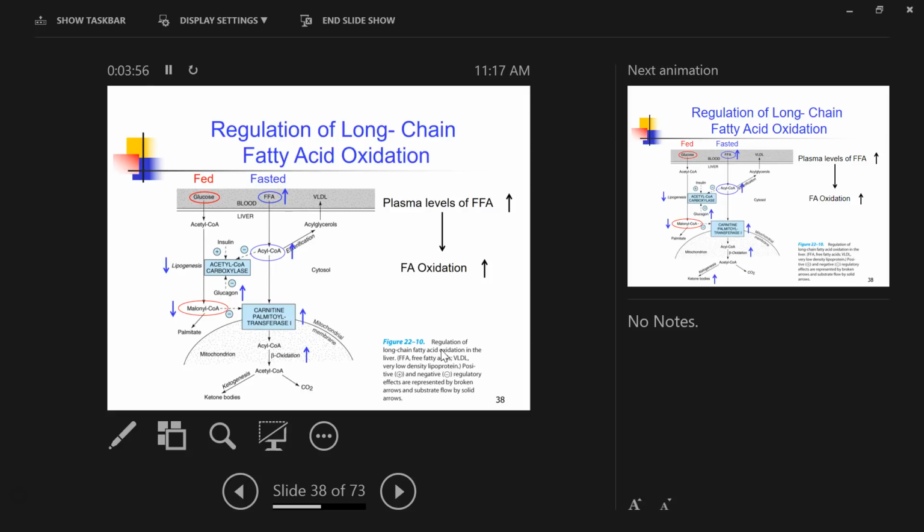So for the even-chain fatty acids, no problem, the final product will be acetyl-CoA. But for the odd-chain fatty acids, the final product will not be acetyl-CoA, but the 3 carbon propionyl-CoA.